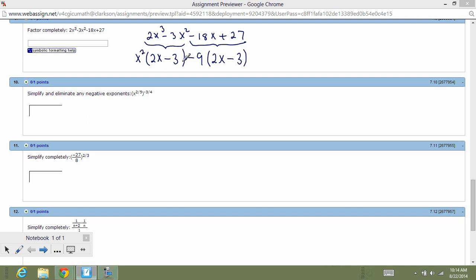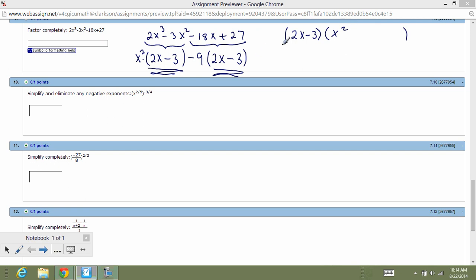And there you see the common factor, the 2x minus 3, between both pairs. And so we continue by dividing out that 2x minus 3 from both of those expressions. Dividing the 2x minus 3 from the x squared times 2x minus 3 is going to leave you with an x squared.